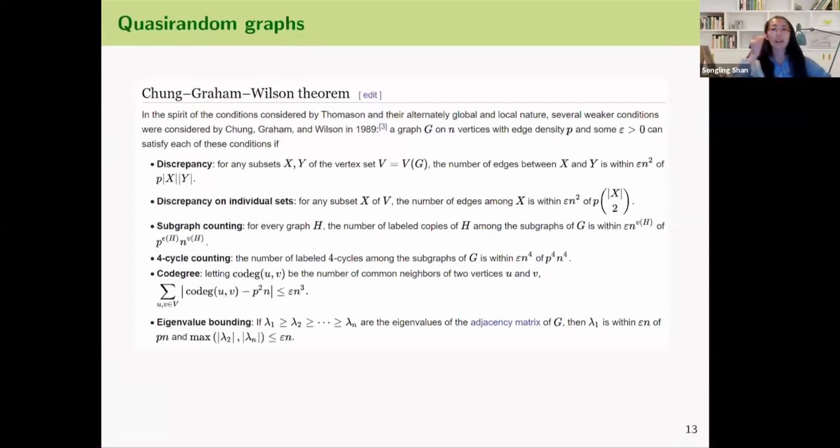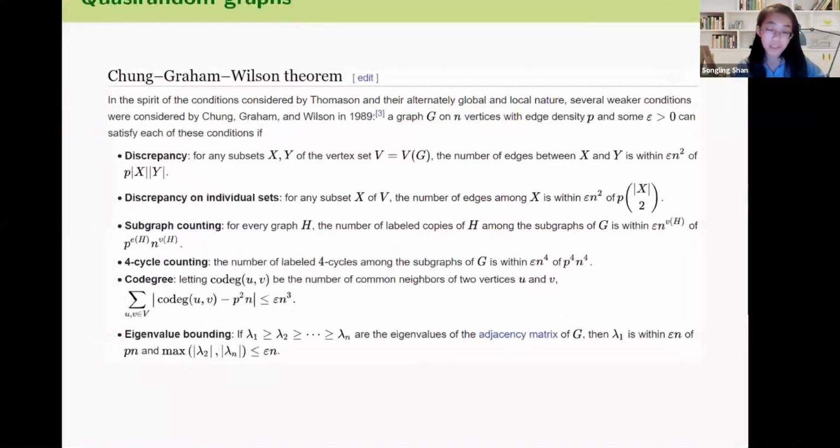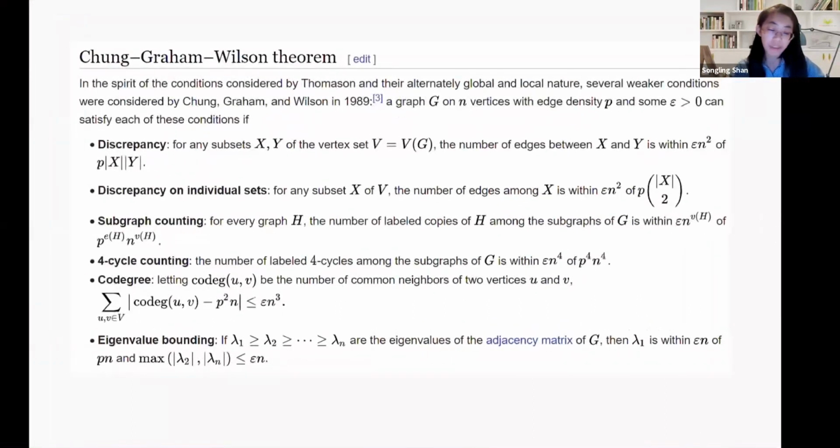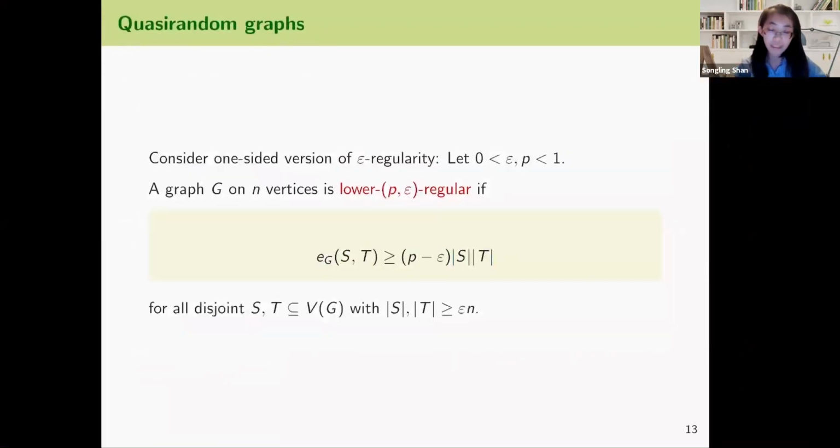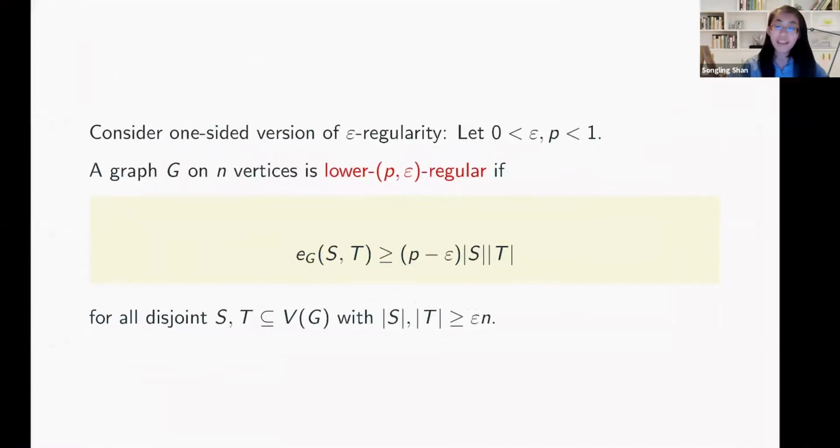So a quasi-random graph has many equivalent definitions. If you look at this on the wiki, you will see many different definitions in terms of discrepancy or subgraph counting, etc. But here we will use this definition, a one-sided version of epsilon regularity.